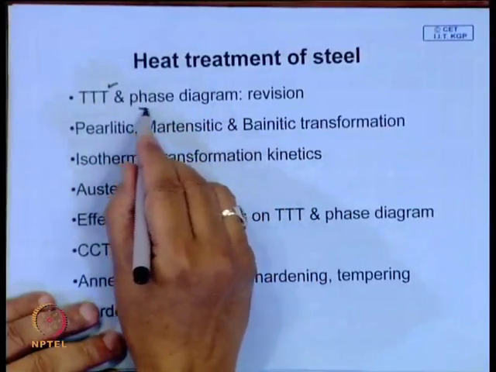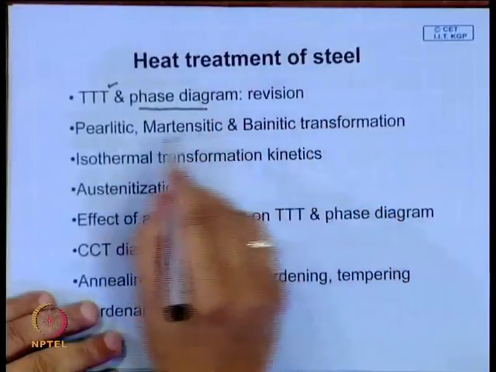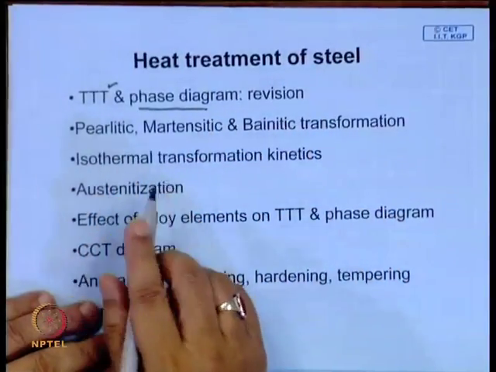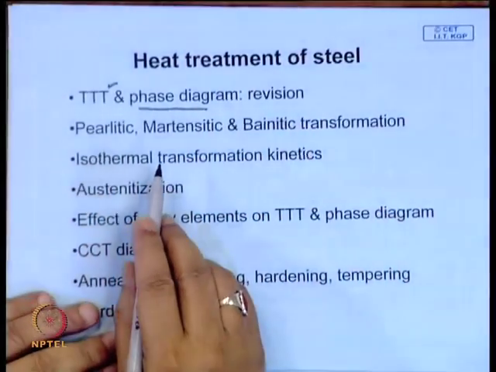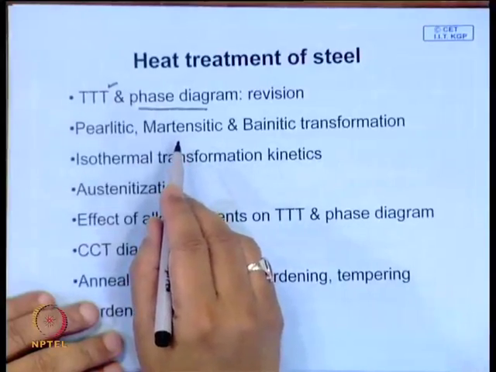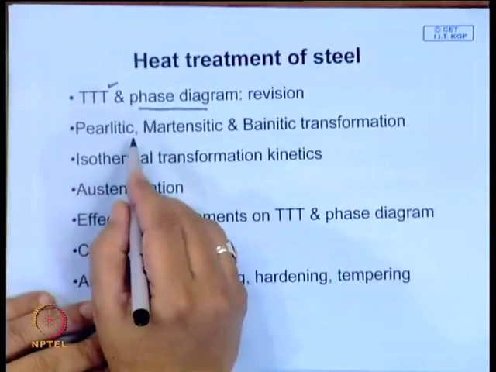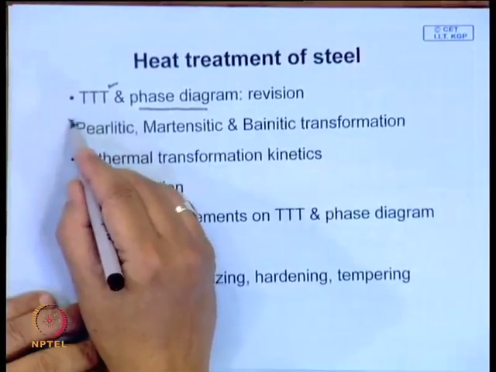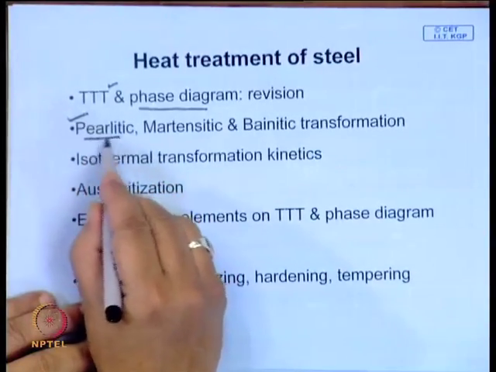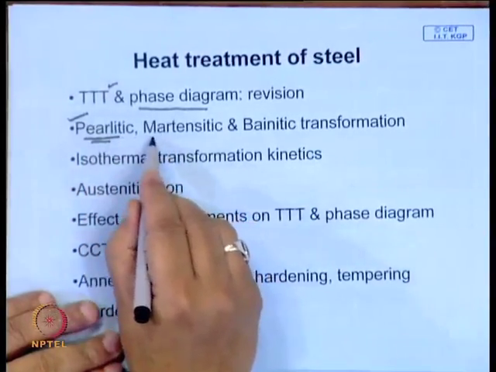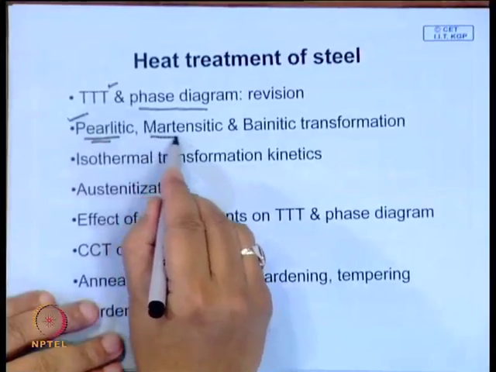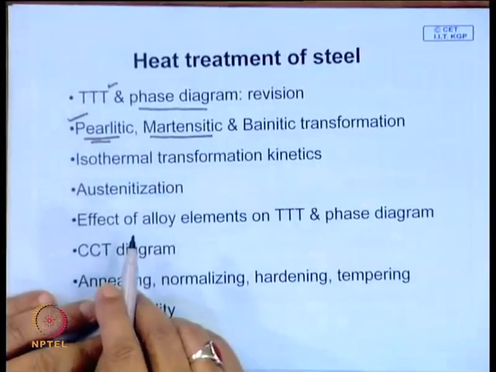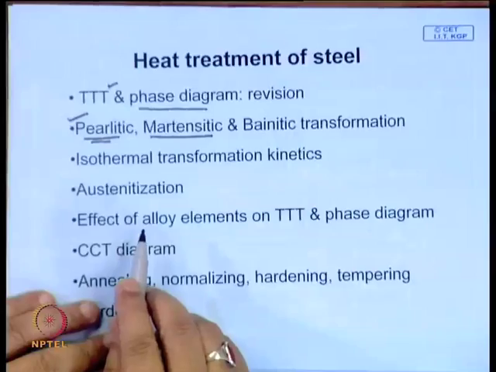The phase diagram also has an important feature, and there are three distinct types of reactions that take place. Some are isothermal and some are athermal. Like we talked about Pearlitic transformation, which is an isothermal transformation, and at the other extreme we looked at martensitic transformation, which is a thermal transformation.